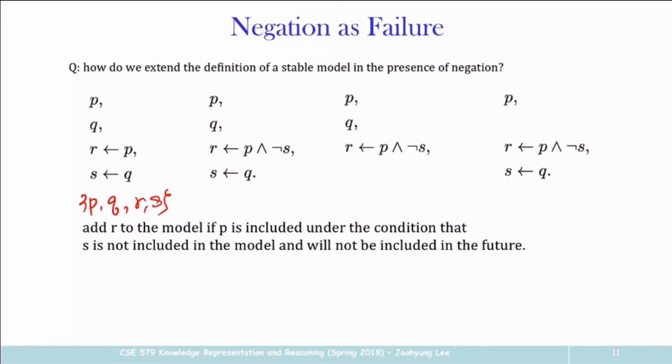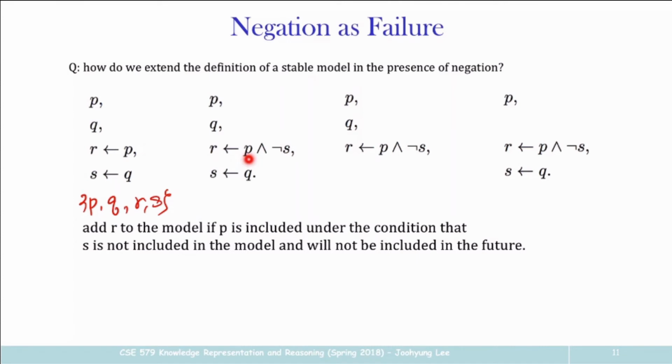But then the next one is this one, okay? And for the next program, we have this negation here, okay? So the meaning of this is roughly like this. So we are going to add R to our stable model, okay?